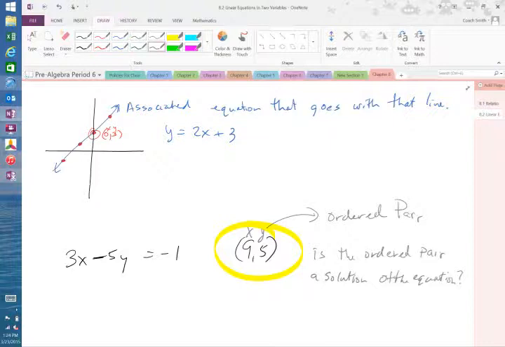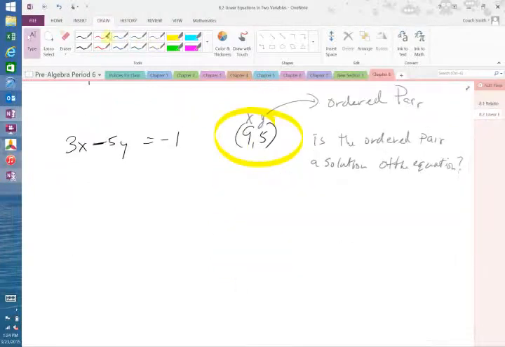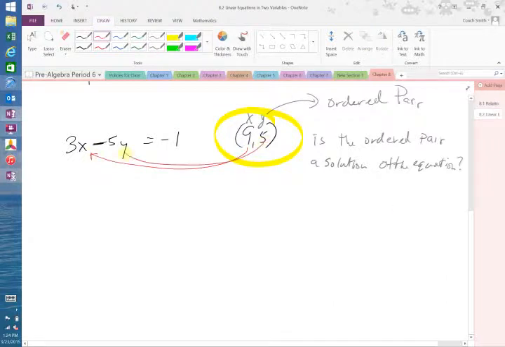The way we do it is we plug those coordinates into the equation. We plug in the 9 for the x and the 5 for the y. So our equation would be 3 times 9 minus 5 times 5 equals negative 1. Now we work it out. What is 3 times 9? 27.